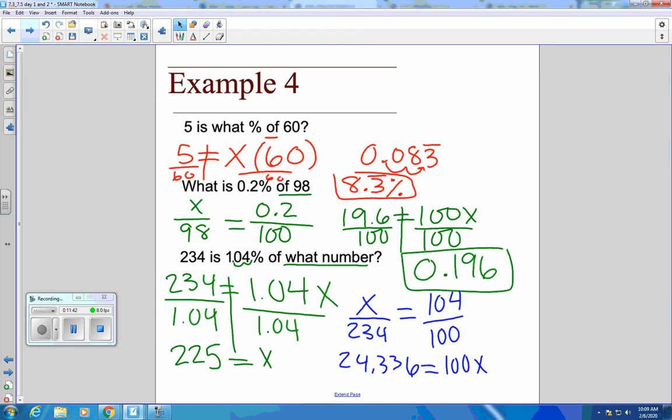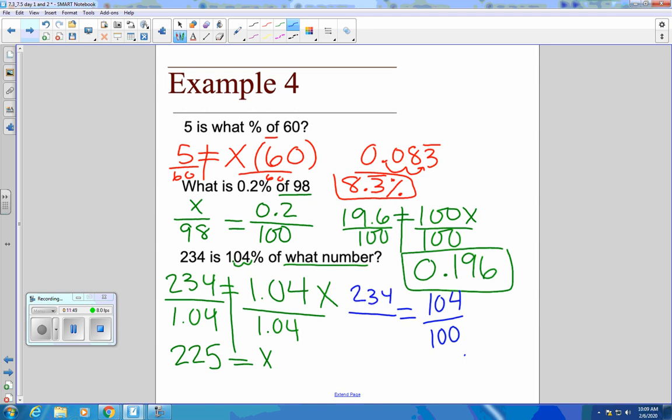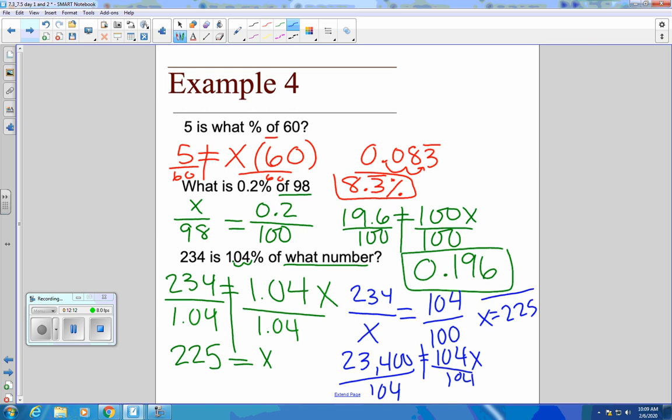Oops, I messed this up here. 234 is our part, and I put it on the bottom, where the whole should have been. So we raise 234 over x. So now we take 234 times 100. We get 23,400 equals 104 times x. Divide both sides by 104. And we get x equals 225. So we get the same answer both ways that we do it. So both equations work.